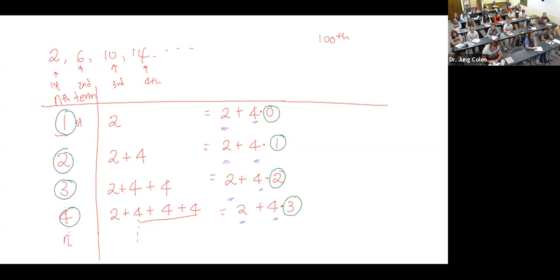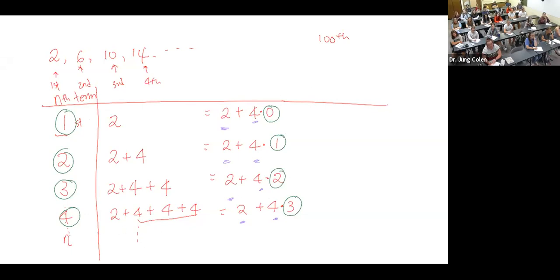Now let's look at the relationship between this number and that: 1 and 0, 2 and 1, 3 and 2, 4 and 3. You see that? The changing numbers are always 1 less than the number of terms, right? So what conclusion can we make here for the nth term?